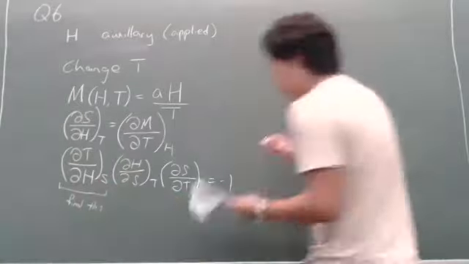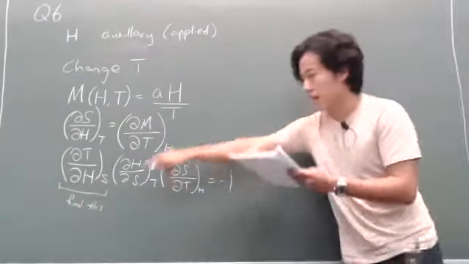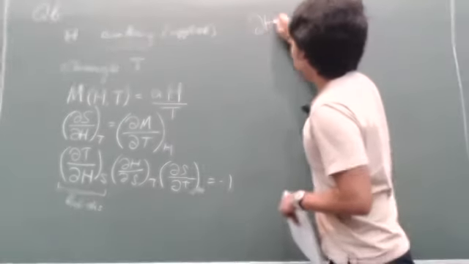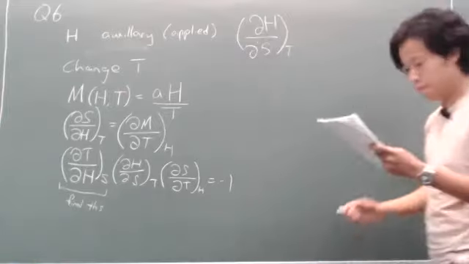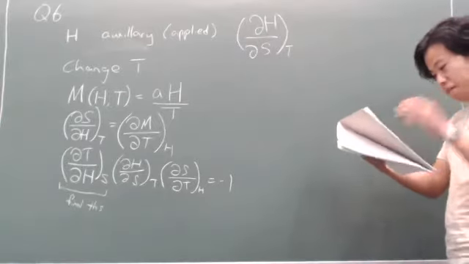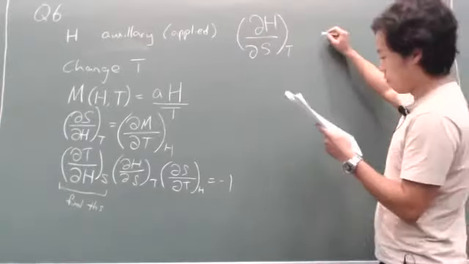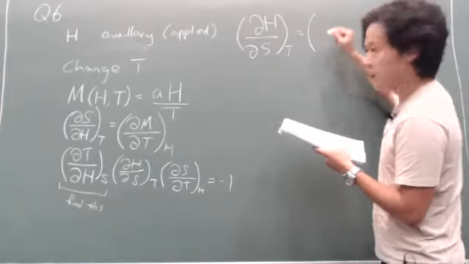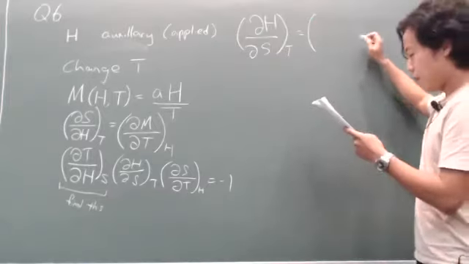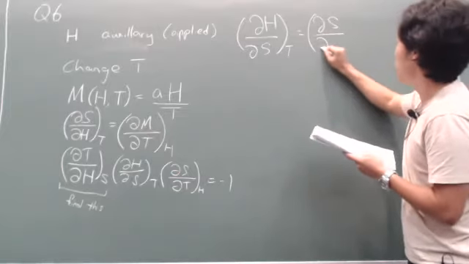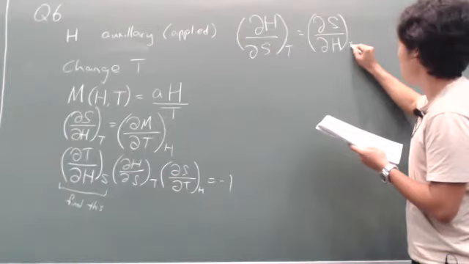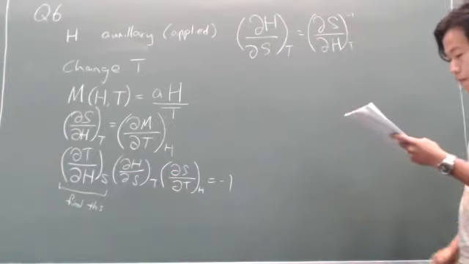Let's start with the first term, dH/dS at constant temperature. You can write this with the reciprocal rule, as (dS/dH at constant T) to the power of -1.